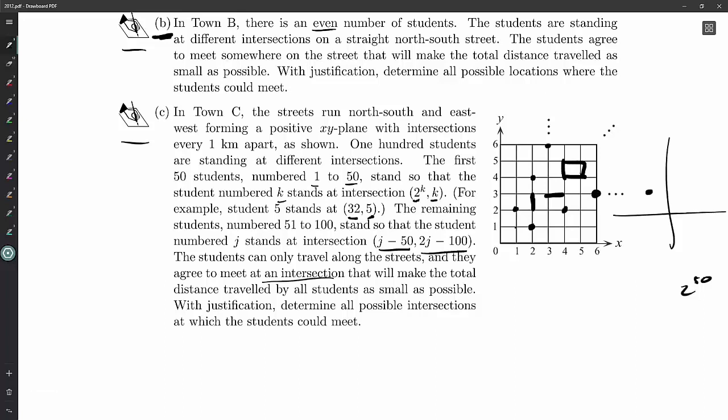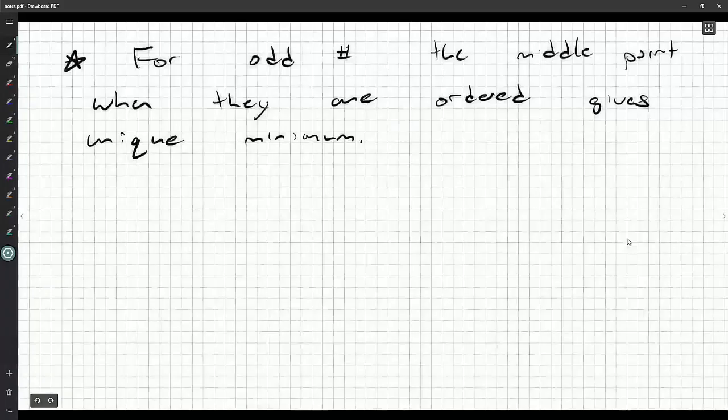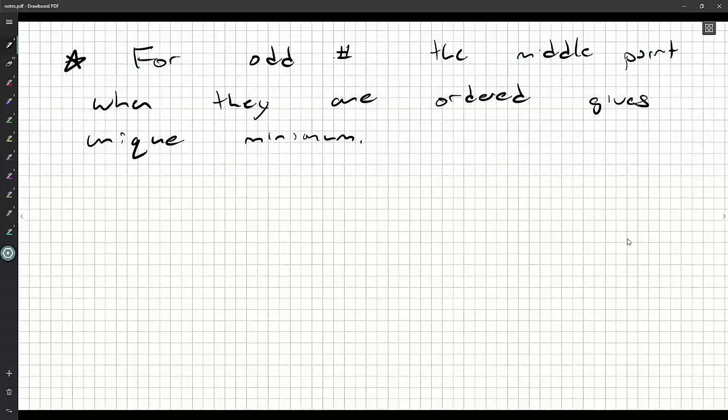There's no way it's going to be 3 intersections, and by realizing that, I can at least double-check answers that I eventually get through calculation. But because of the work we did with even students in B part, we can apply this even middle minimum distance theorem.